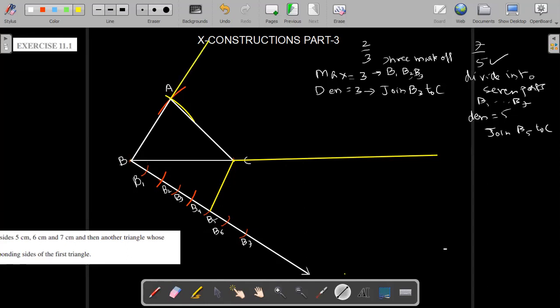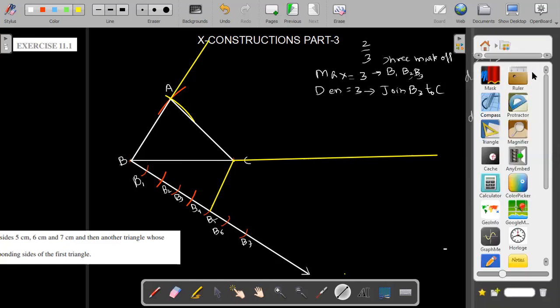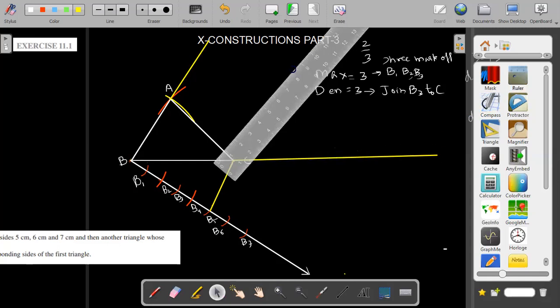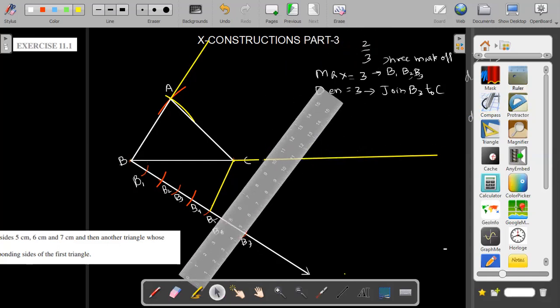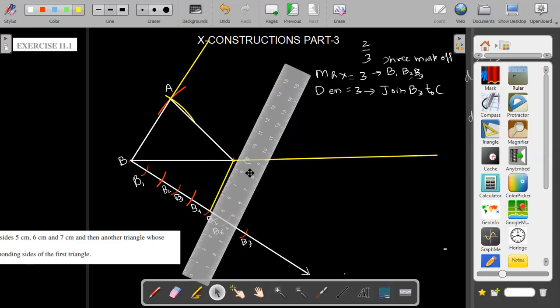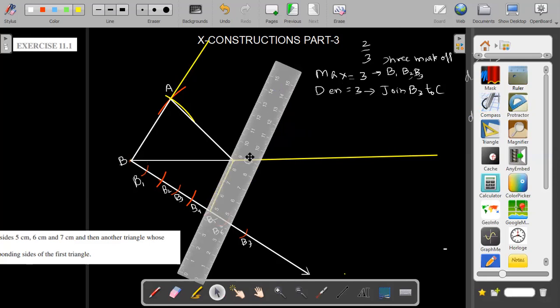So you need a parallel line to this, and a parallel line to this. As I told you, you have to make the parallel lines by using the angle formula, but I am taking a ruler to do it. But at least you have to show that you have taken the angle. So I'll tell you how to do this.